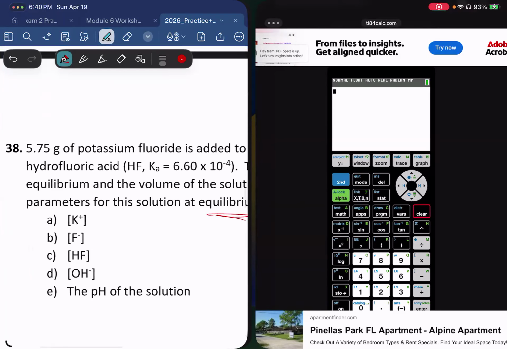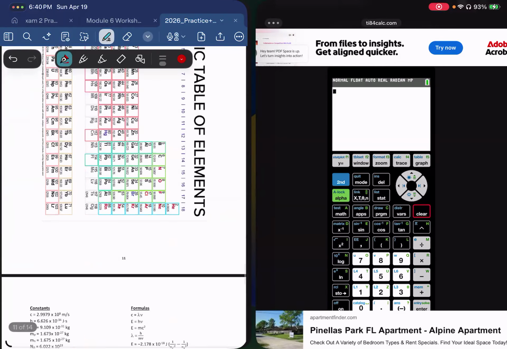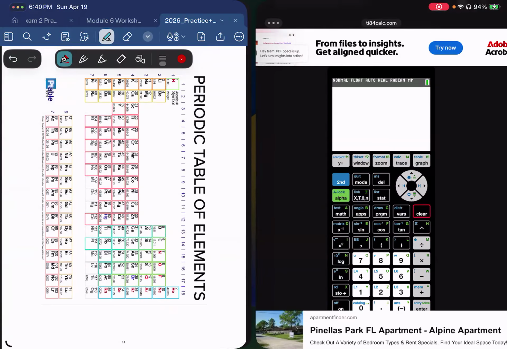So one thing you need to know is you need to know KF, right? That's what it is here. And you need to figure out the moles first to figure out the concentration of potassium, because potassium doesn't even react with anything. So if we look at the periodic table, K is this and F is this.